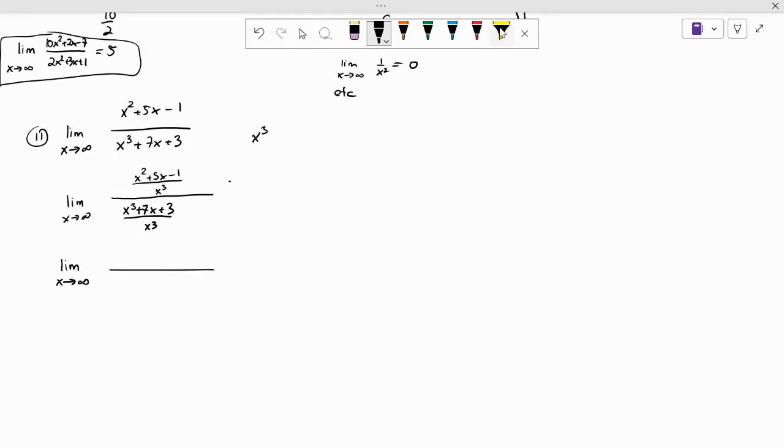So let's simplify. When you're dividing the three terms on top by x cubed on bottom, what do you get? X squared over x cubed. One over x cubed. And on bottom, you're likewise dividing all the terms by x cubed.